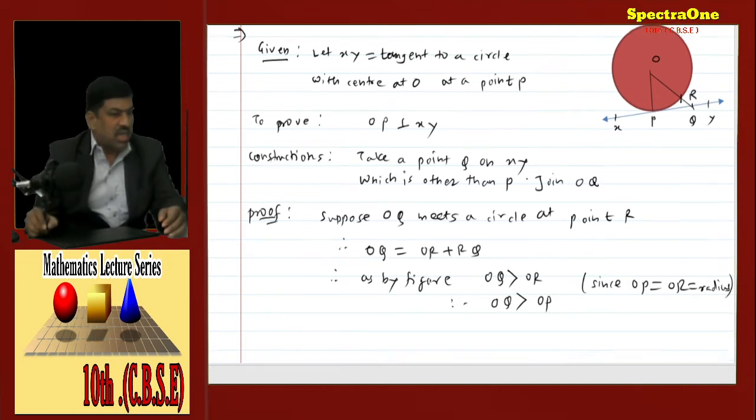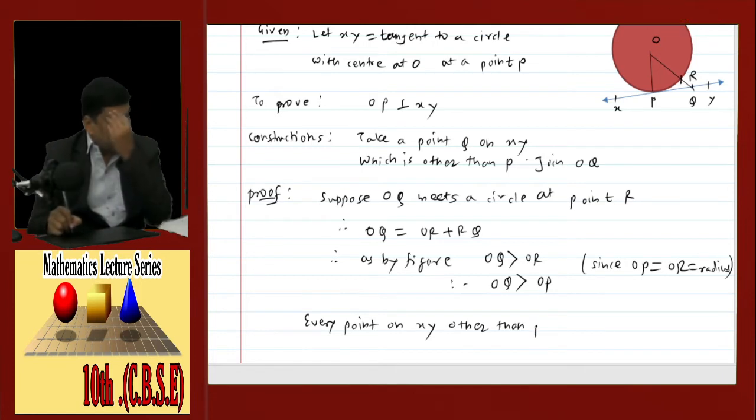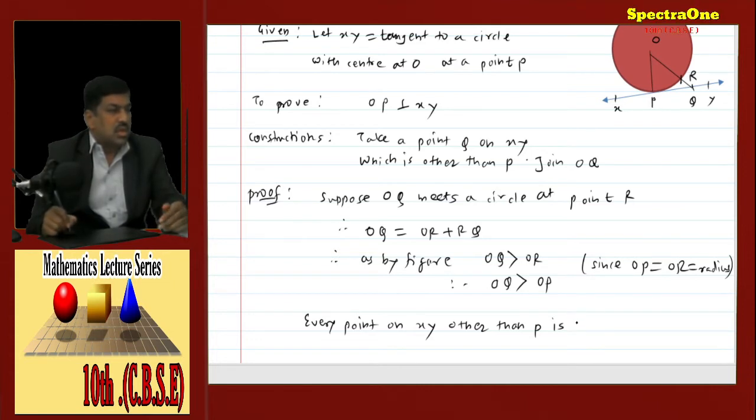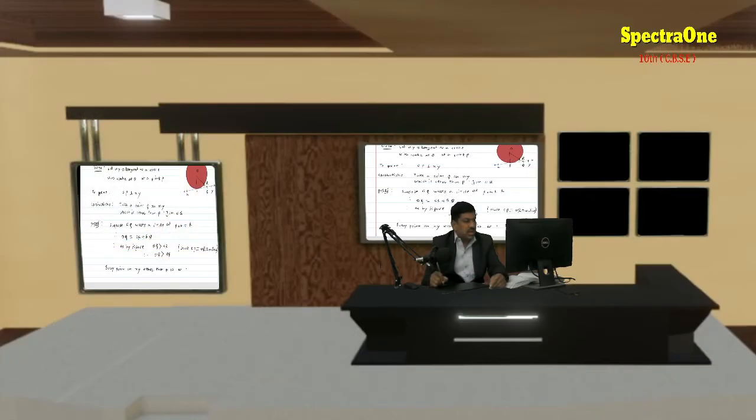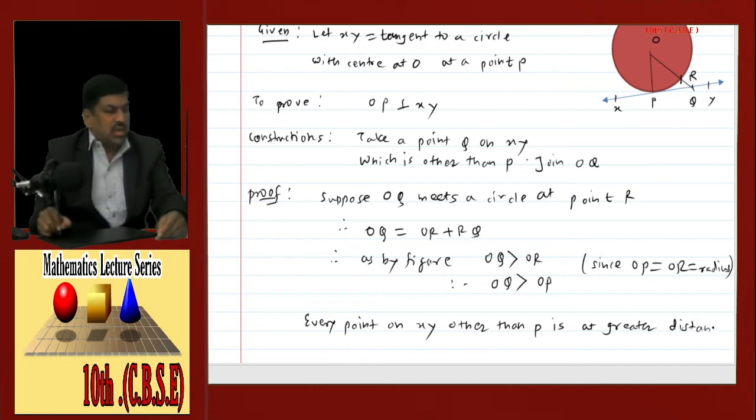So that means we say that every point on XY other than P is at a greater distance than P.